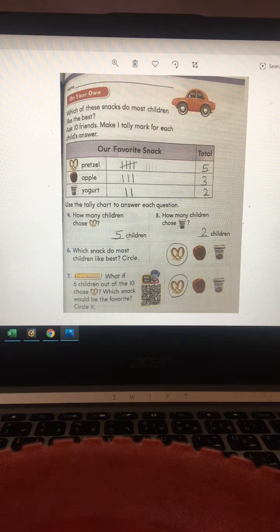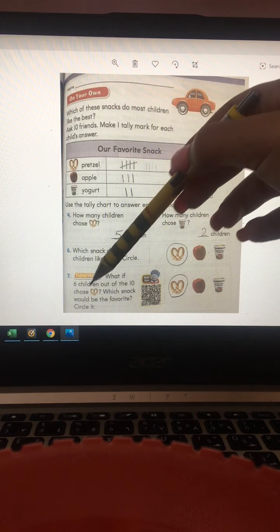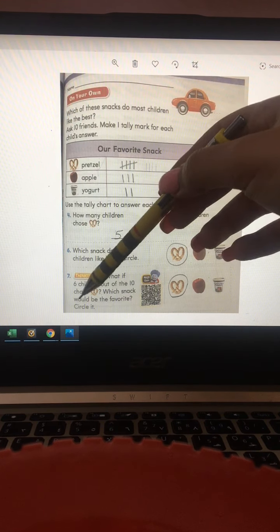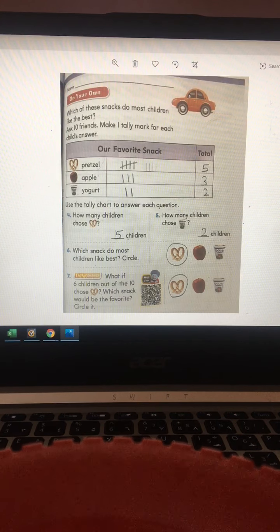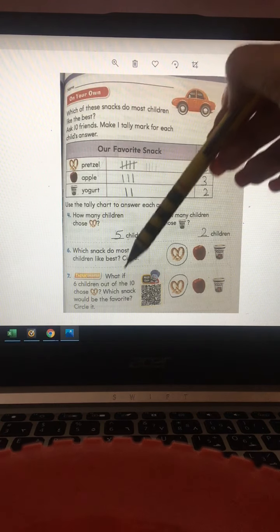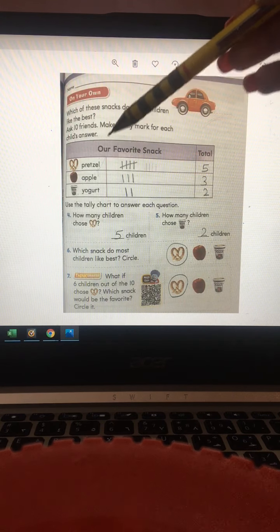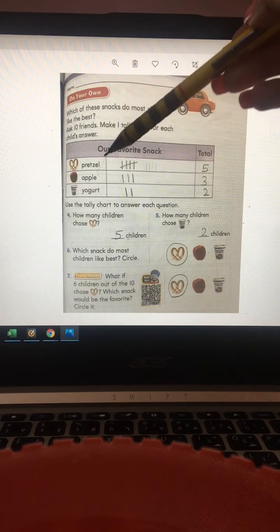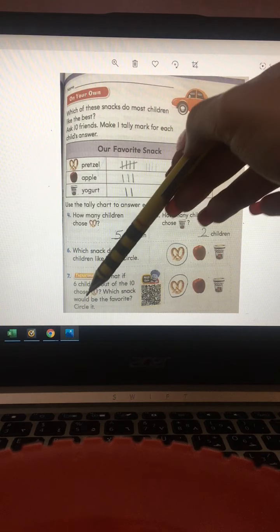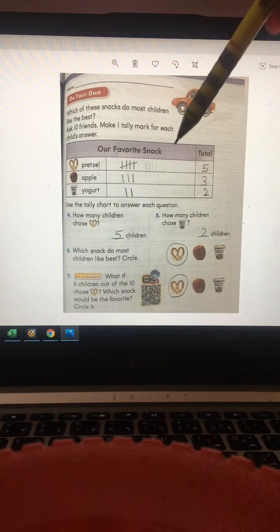Okay, let's move on to the last question. What if 6 children out of the 10 chose pretzel? Okay, what if 6 out of the 10 chose pretzel, which snack would be the favorite? It's still the pretzel.